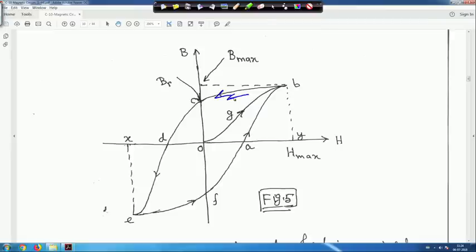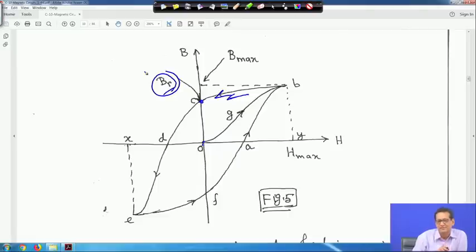You will find that when H is equal to 0, some flux will still be there in the material. This is actually called residual flux, right. So, this OC, that is Br, is the residual flux. Although H is equal to 0, some residual magnetism will be there. This is called the residual flux, and this is the residual flux density.